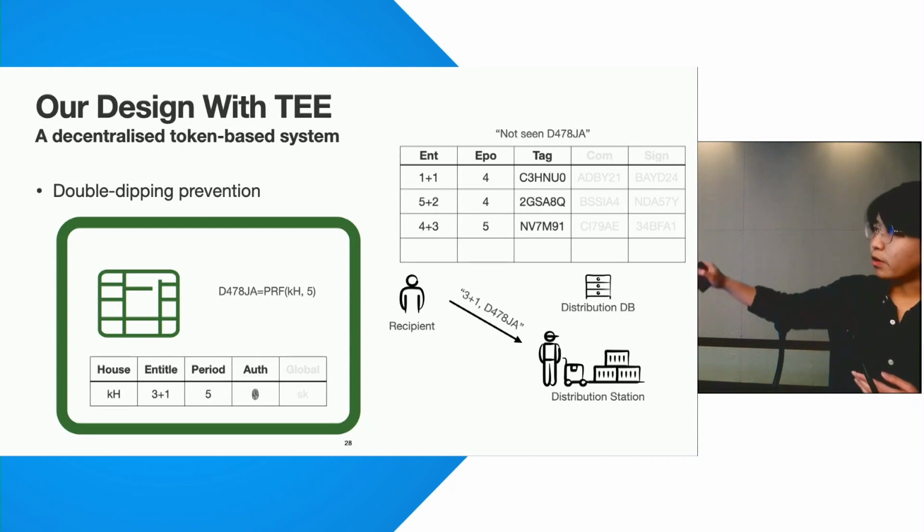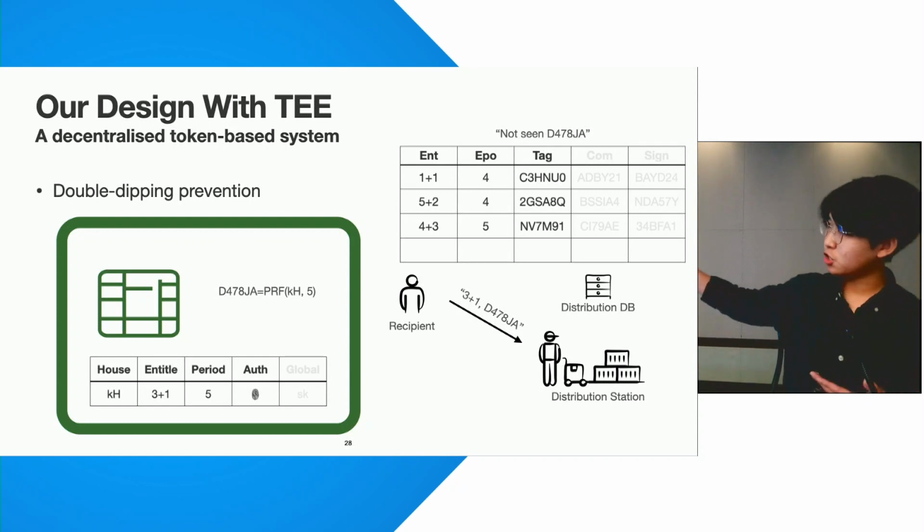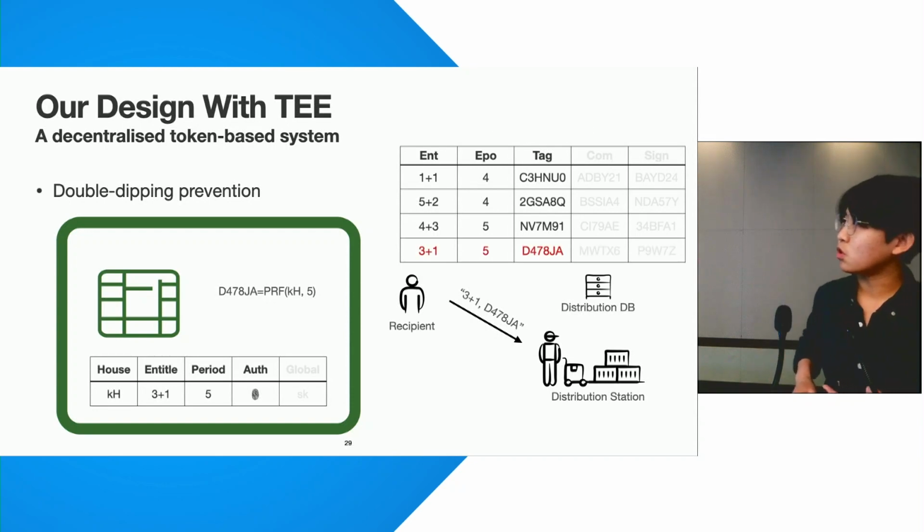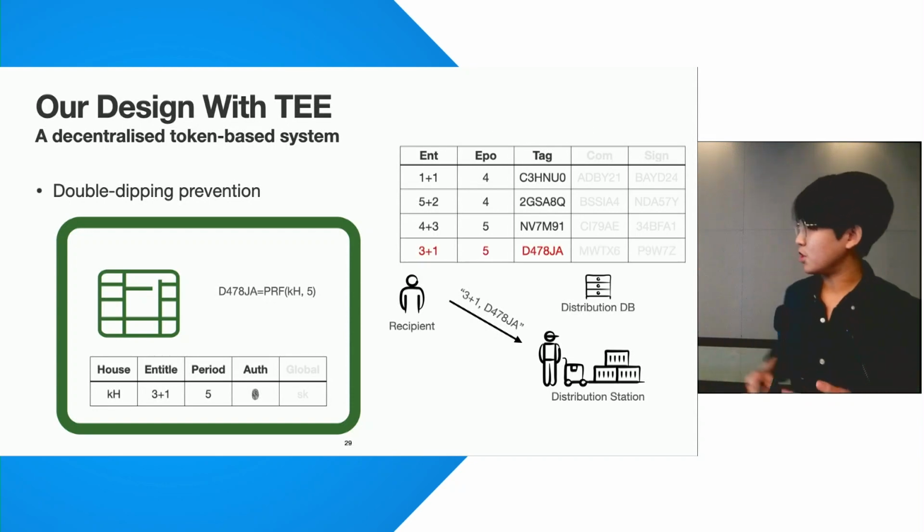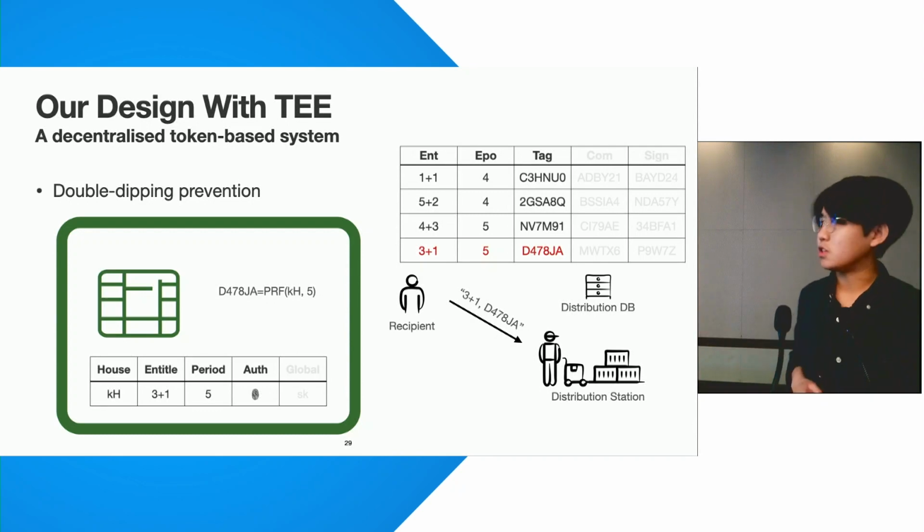Then the card will output this information to the distribution station, and the station will have a distribution database which will record all the tags that have been seen in the past. If the tag is fresh, then the station will record this tag together with the information and also hand over the aid.